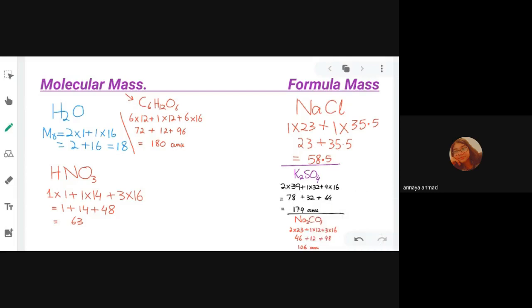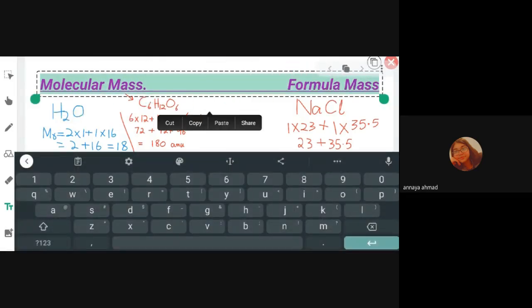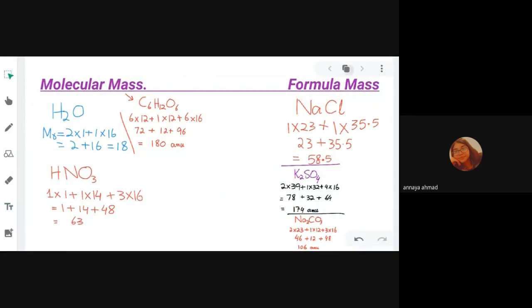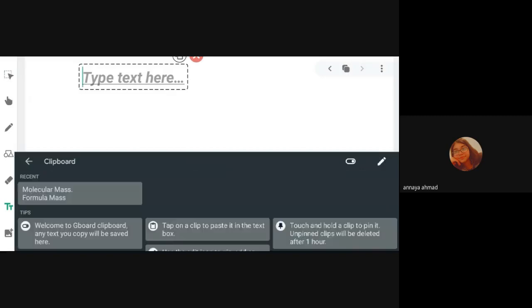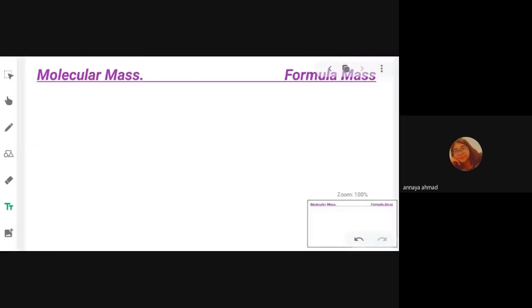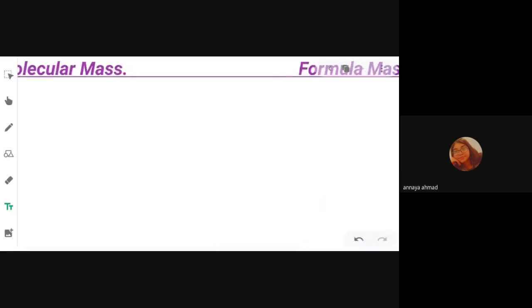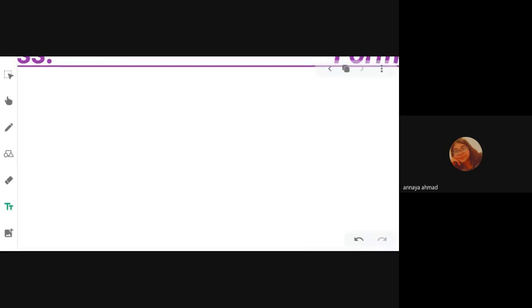Okay, next I'm going to write down a few formulas over here, and you will be required to tell me whether these are molecular formulas or formula units.